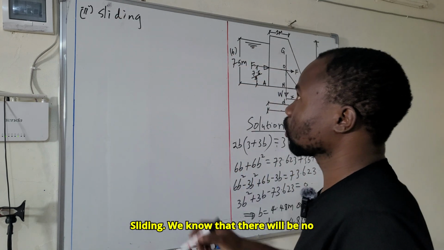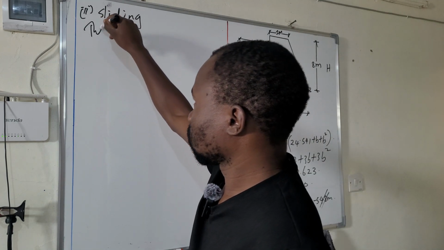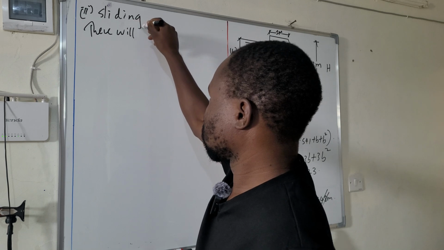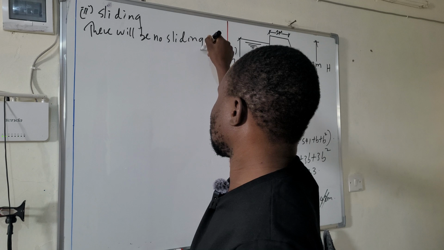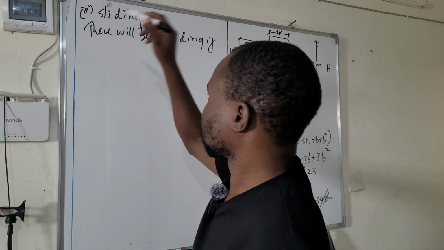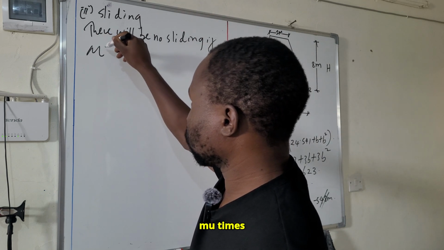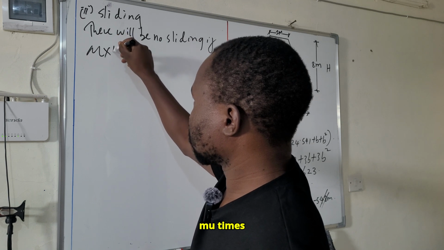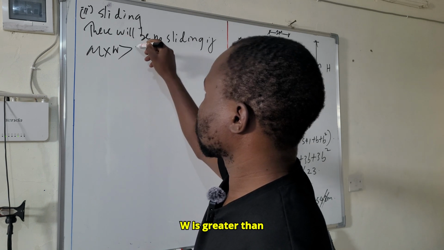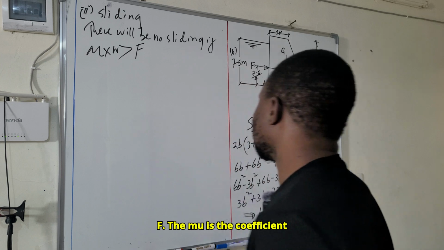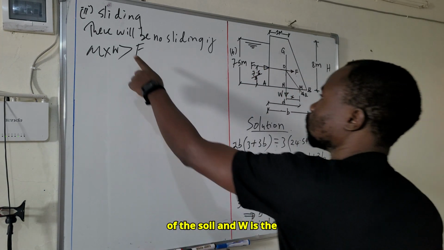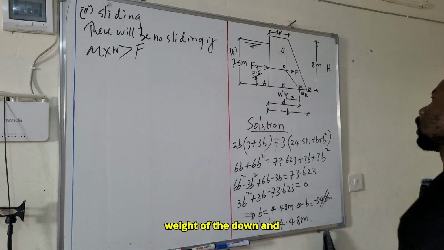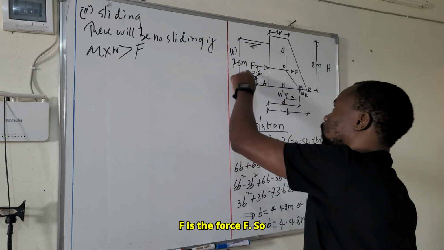We know that there will be no sliding if mu times W is greater than F. The mu is the coefficient of friction of the soil, W is the weight of the dam and F is the force.